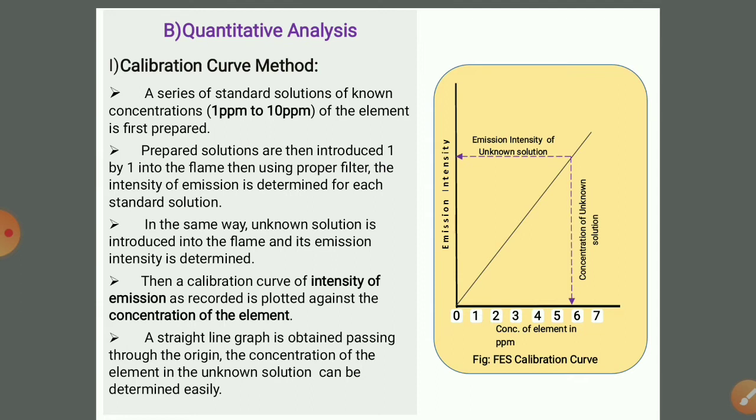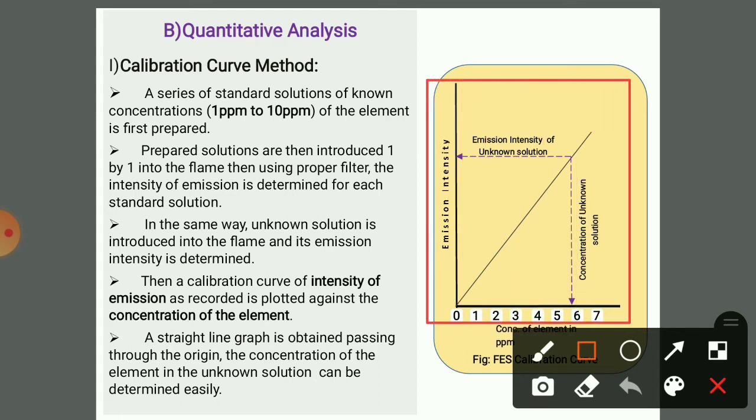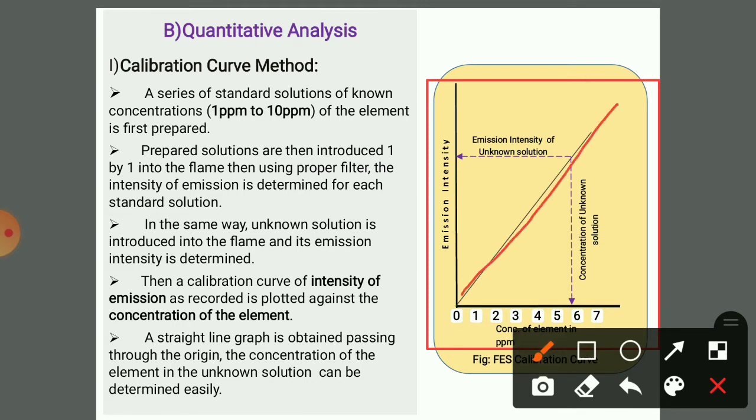So this is a graph in which we can see the concentration of elements is taken on x-axis and emission intensity on y-axis. So after plotting the concentration versus intensity, such type of straight line which is passing through origin is obtained.